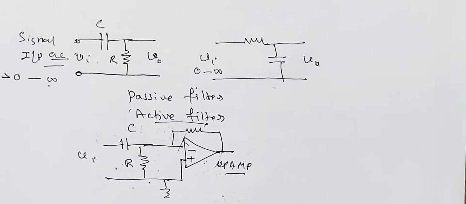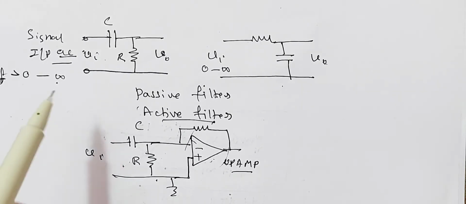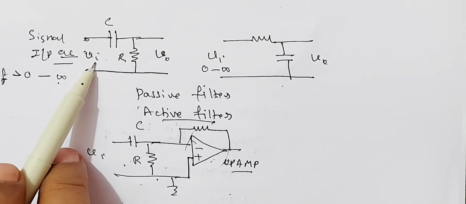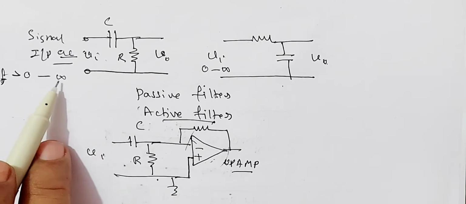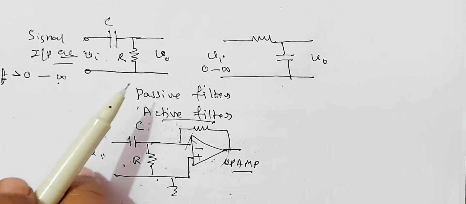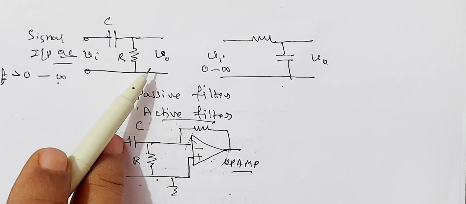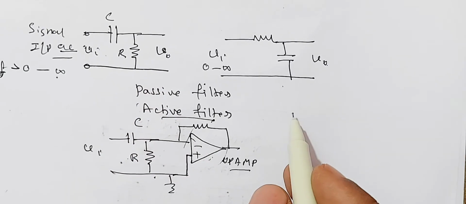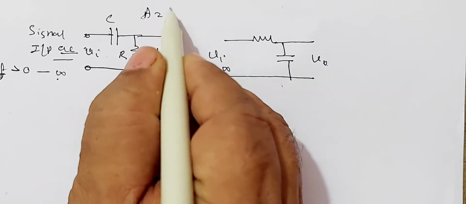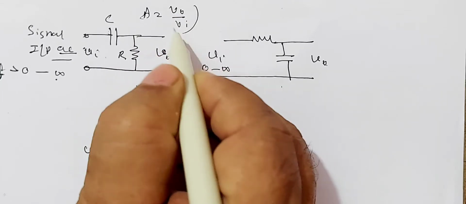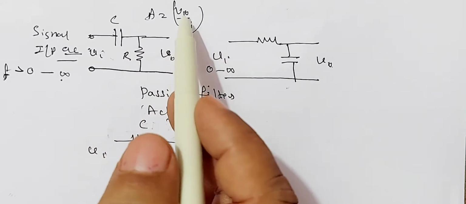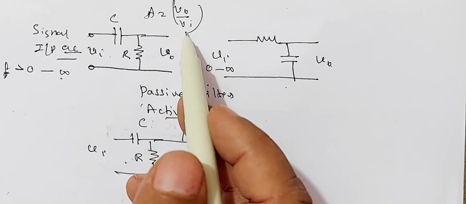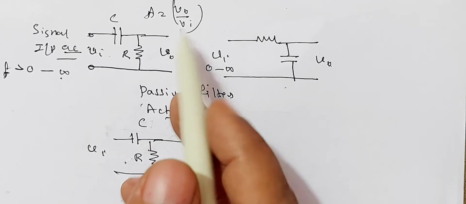In this circuit, the input voltage is fixed, whereas the frequency changes from 0 to infinity. For that, you will get the output voltage. Then calculate the gain. The gain is given by VO by VI. So you get gain for different values of input frequency.